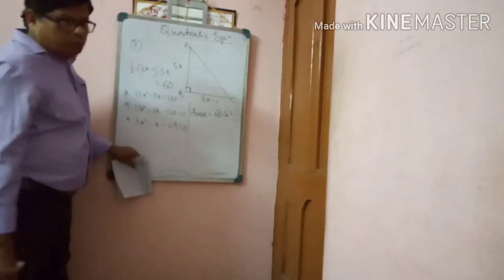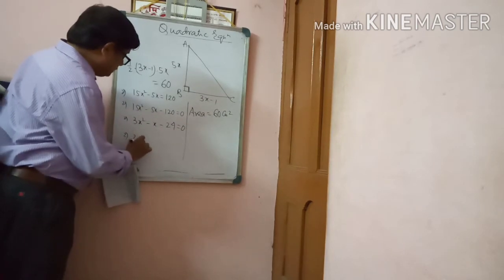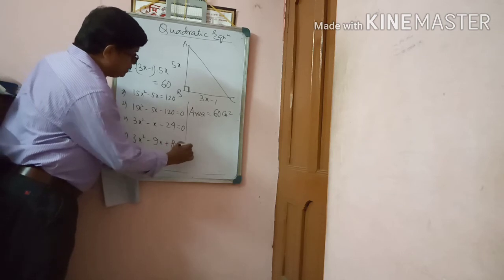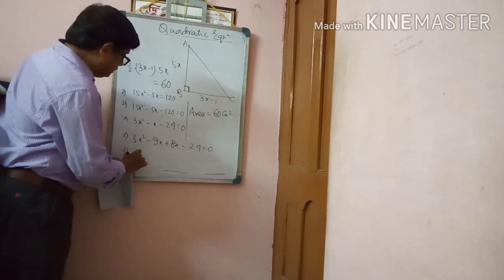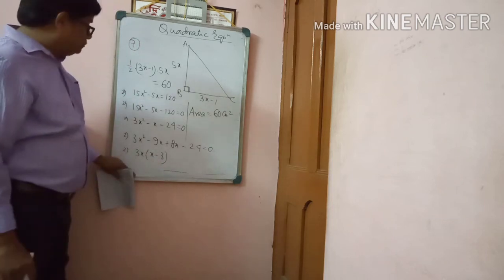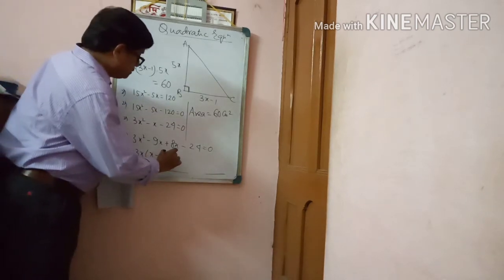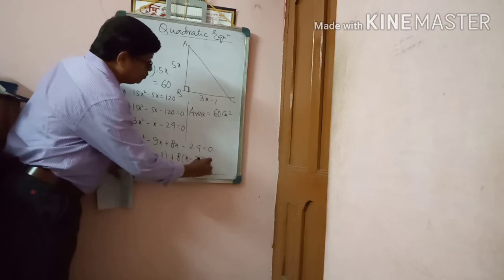24 3 72, 9 8. Yes, right. 3x square minus 9x plus 8x minus 24 equal to 0. So write 3x common, x minus 3, plus 8 common, x minus 3 equal to 0.